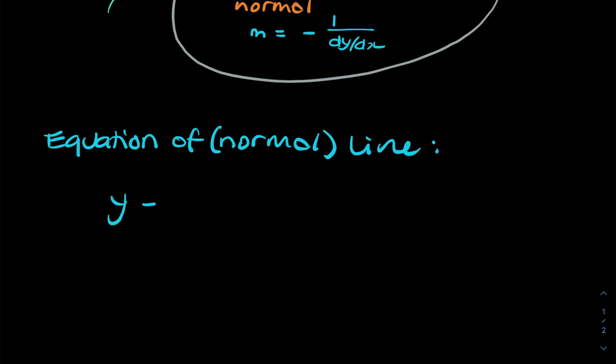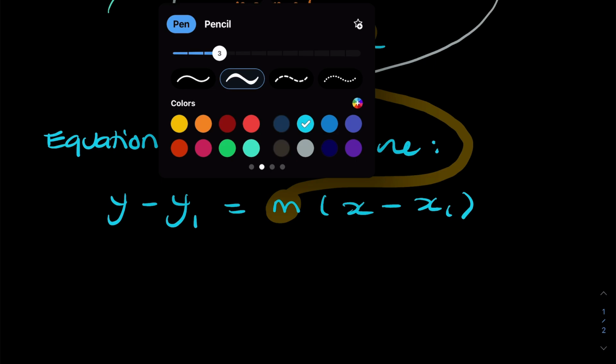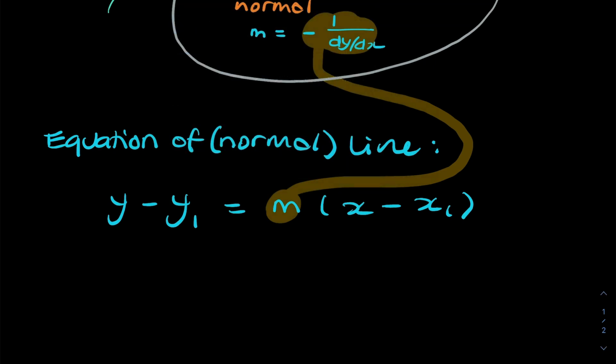If we write that equation as y minus y1 equals m times x minus x1, and m is that value which I told you about, it's minus 1 over dy over dx. And x1 and y1 are the values that are given for your point. Then that will give you your equation.